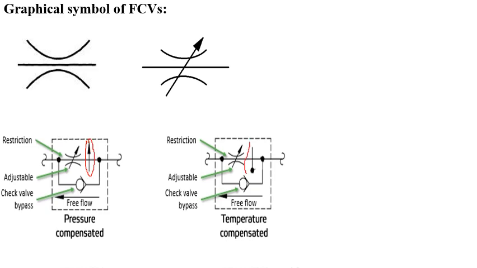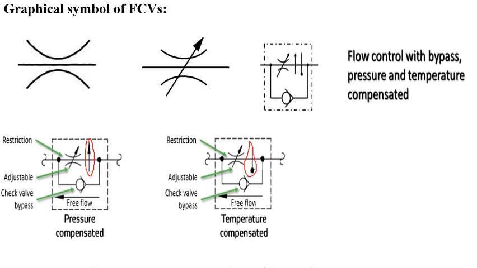When this symbol comes, it is a temperature compensated flow control valve. When both come together like this, it is both pressure and temperature compensated flow control valve. Thank you.